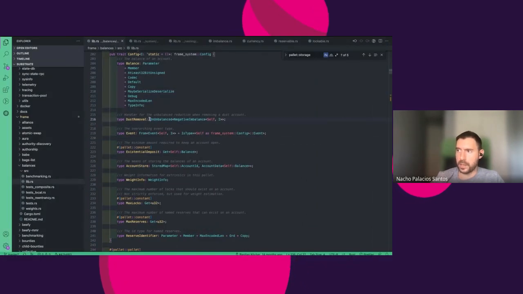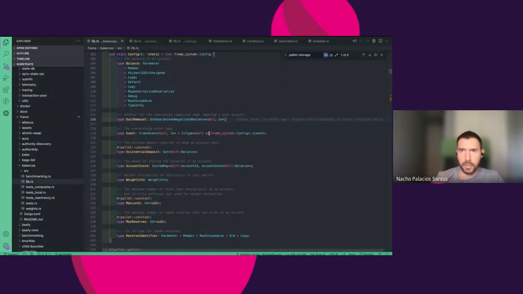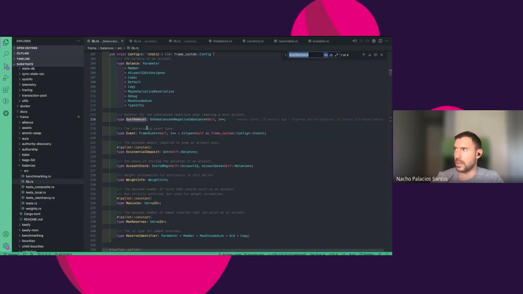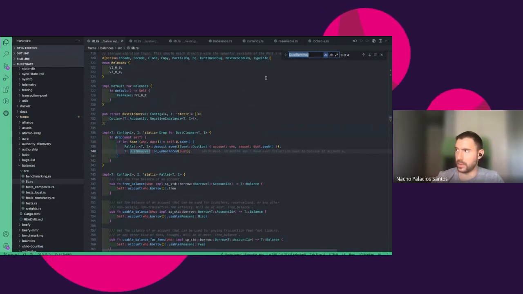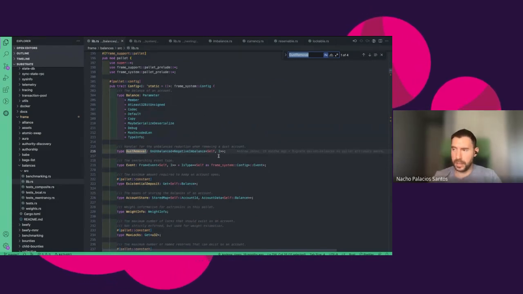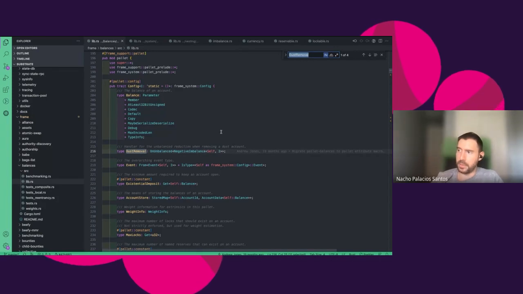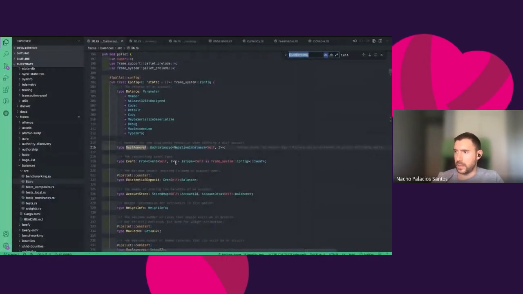So it requires this trait, the on unbalanced trait. Basically, when we reap an account and there is some dust that we want to remove, it is used in the dust cleaner struct that is returned when an account is reaped. Then we perform an action to do something with that negative imbalance after reaping the account. Actually, we are doing nothing, so basically it means we are burning the dust from the system.